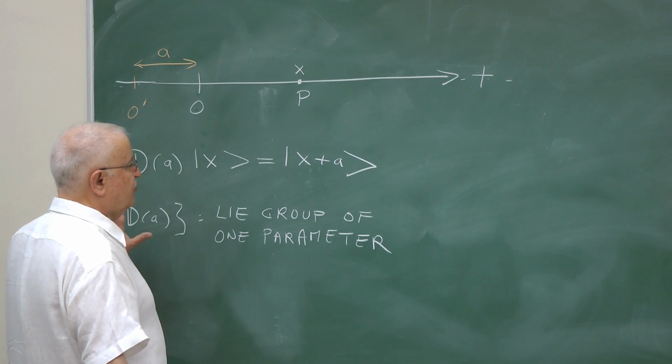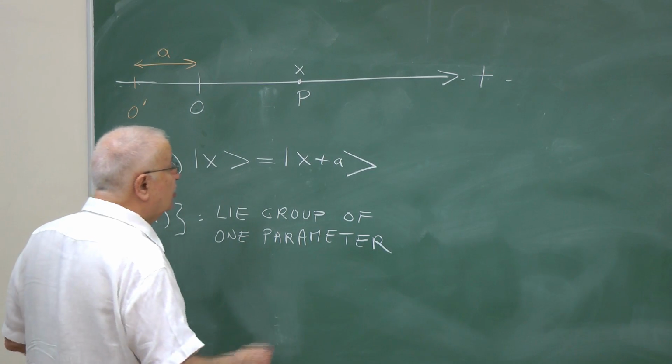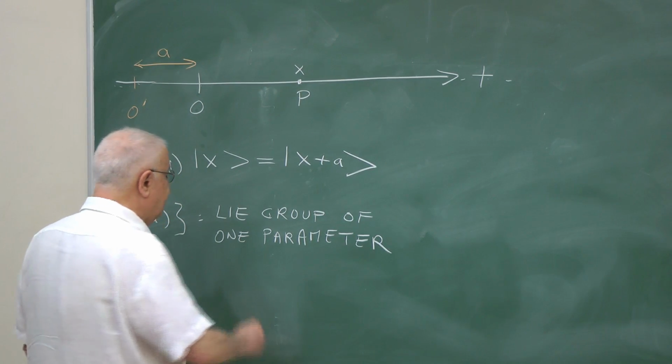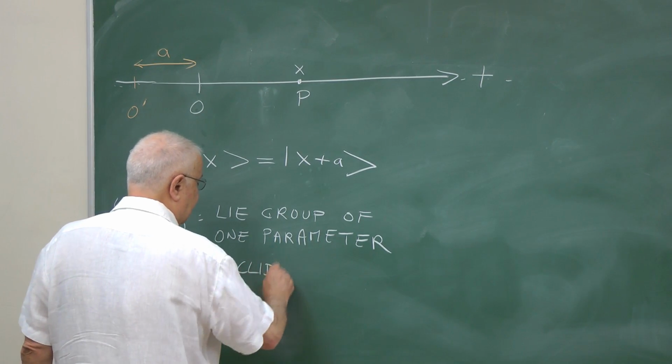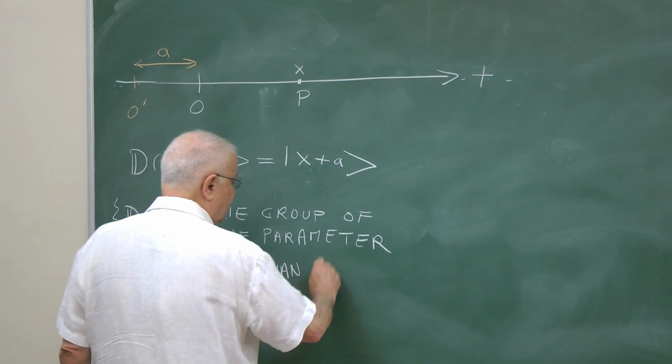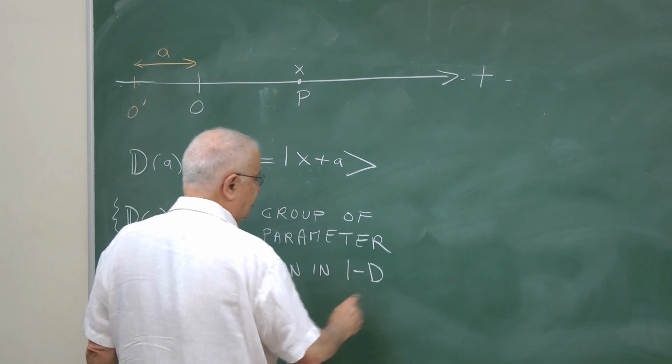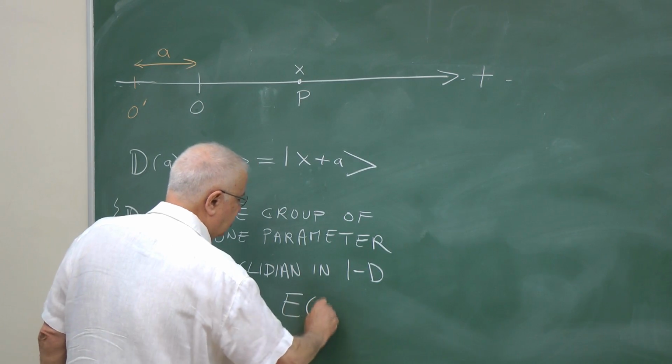It forms a nice group. It is so important, it has a name. It is Euclidean in one dimension. So E1.